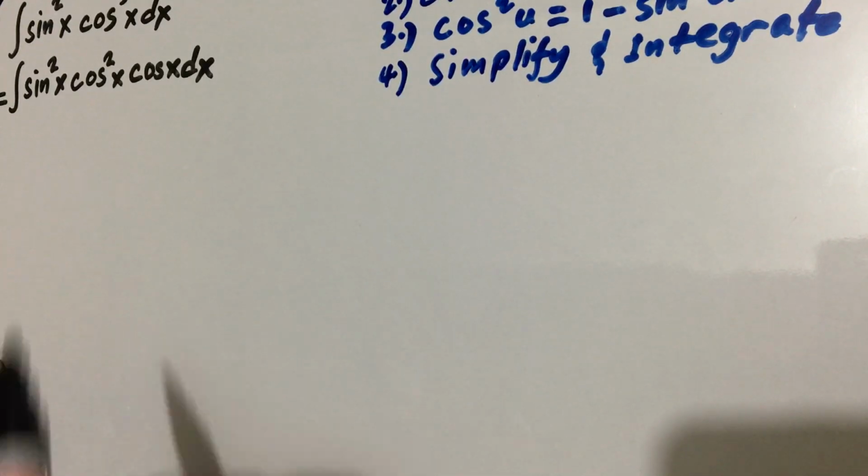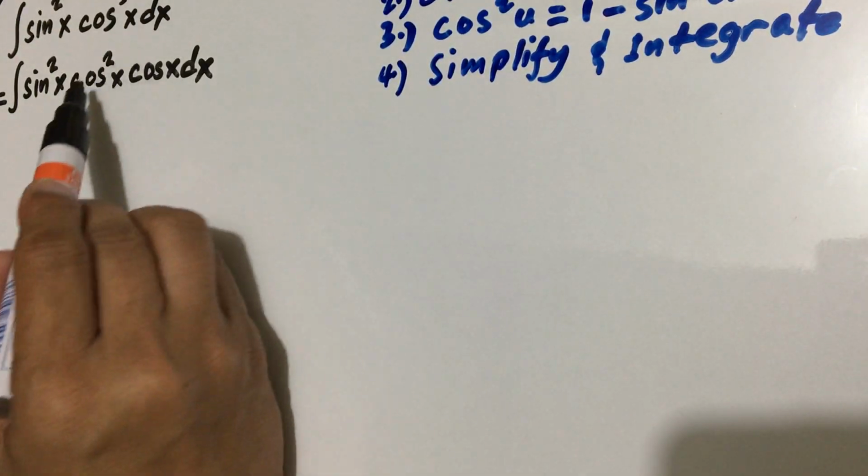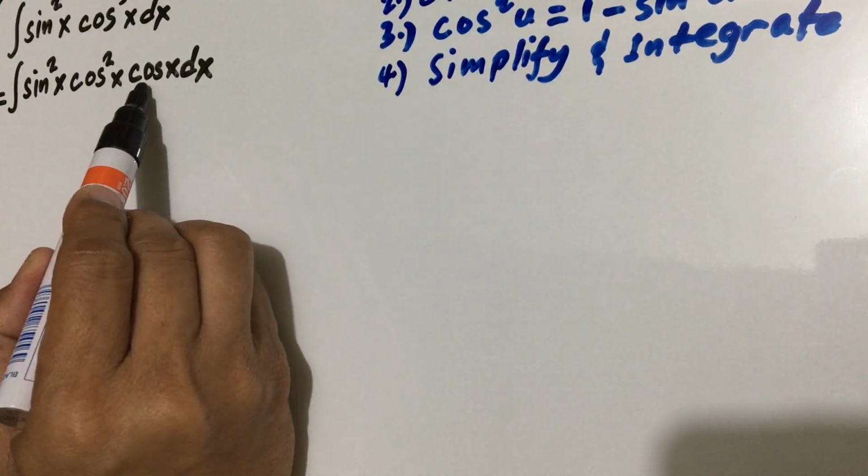So we break cosine cubed x into cosine squared x times cosine x.